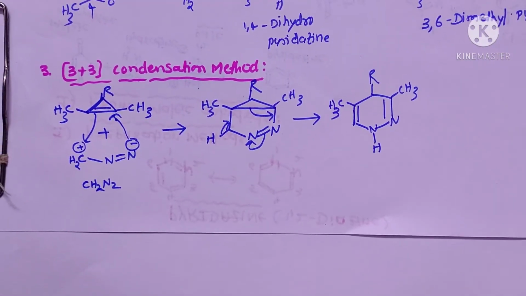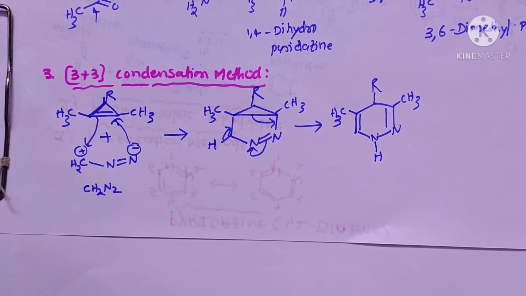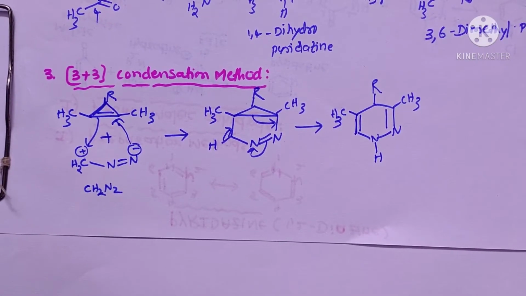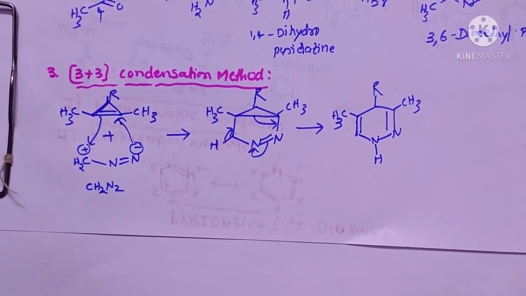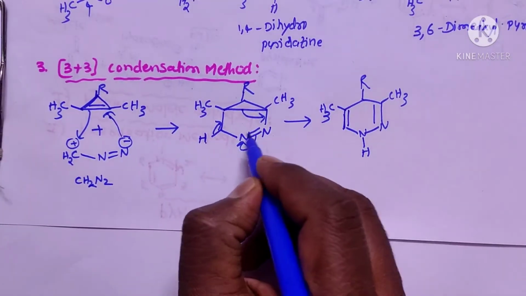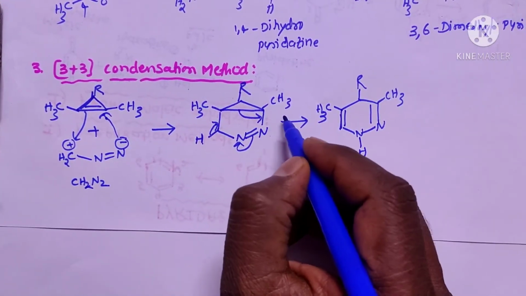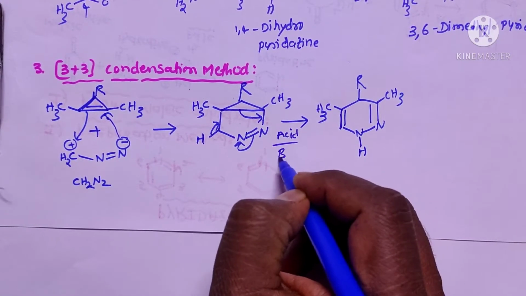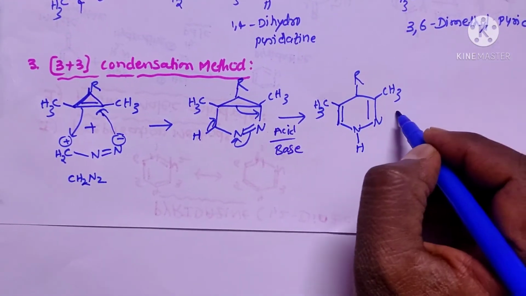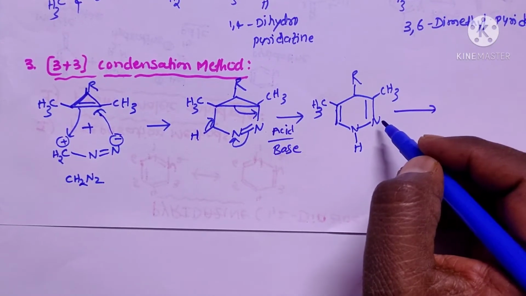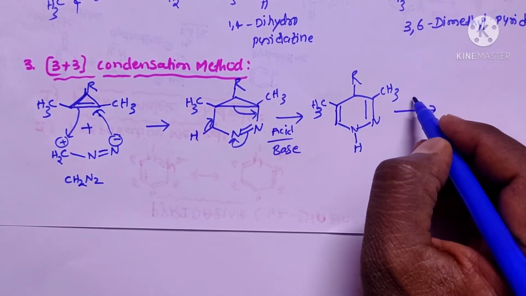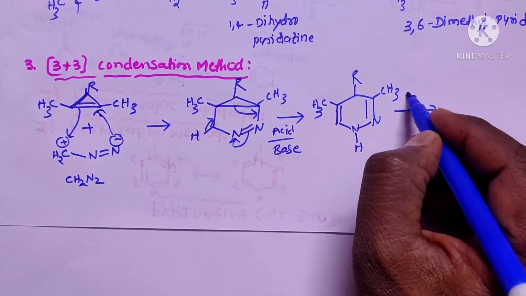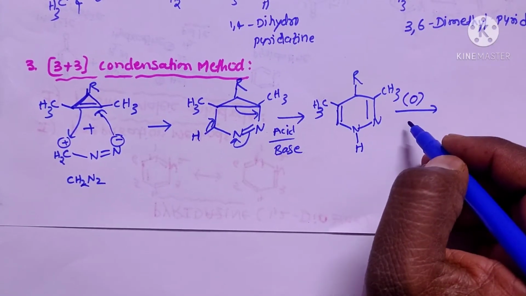This is the 1,4-dihydropyridazine compound, and look here, this ring opening occurs in the presence of acid or base. Now here dehydrogenation or aromatization takes place in the presence of an oxidizing agent, that means oxidation.